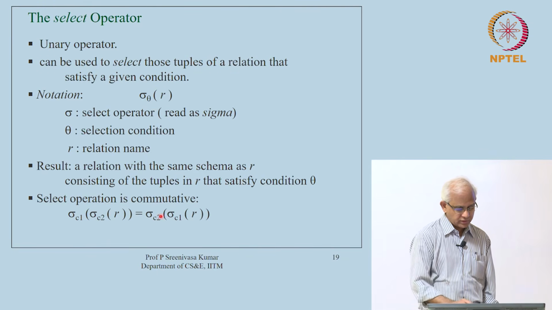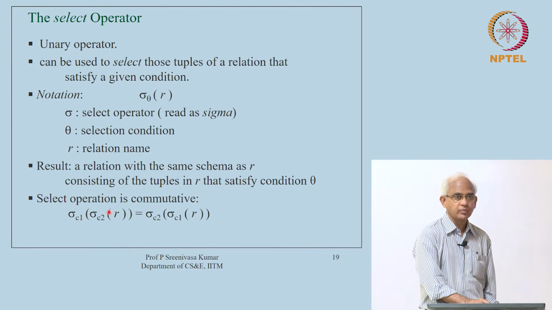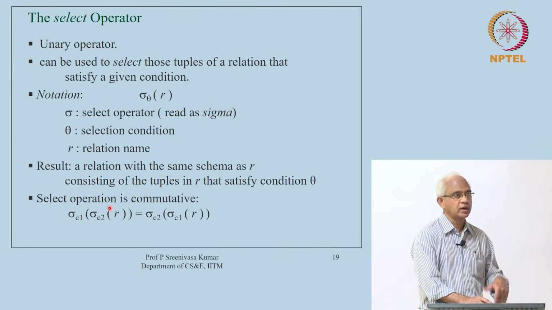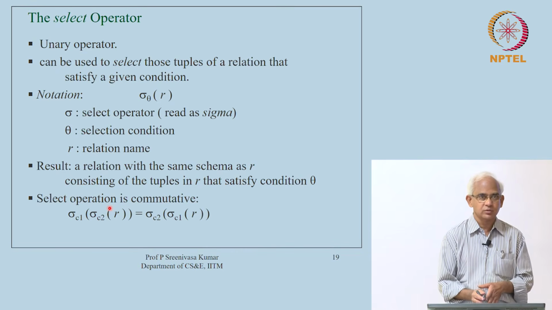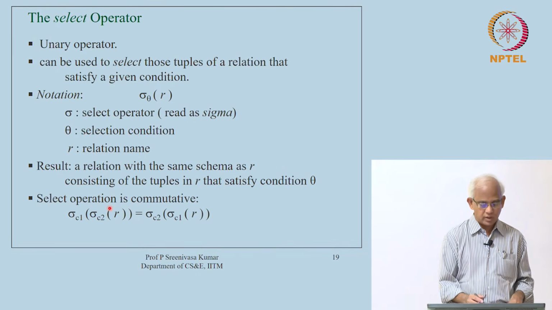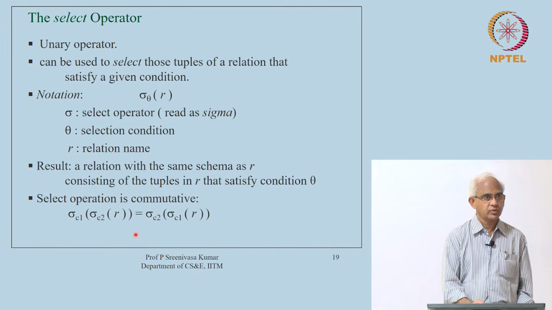And you will notice that this is actually the same as doing sigma C2 on sigma C1 of R. If you are first selecting those tuples that satisfy C1, and then from there selecting the tuples that satisfy C2, it is the same as first selecting the tuples that satisfy C2 and then choosing from among them. Basically the tuples will satisfy both C1 and C2, so the order does not really matter, and this operation is commutative.